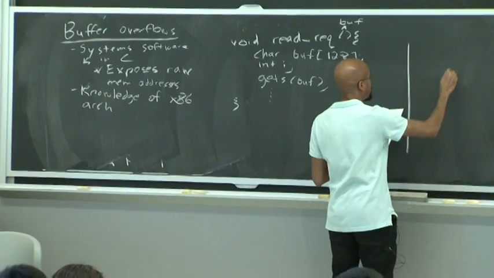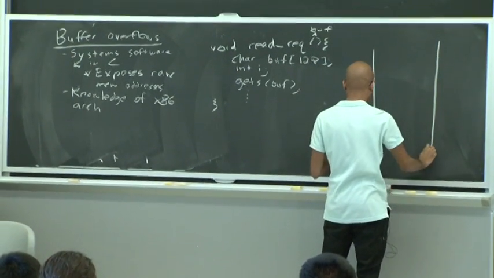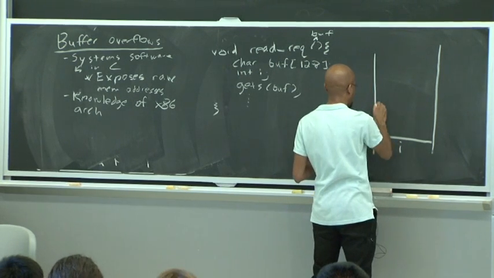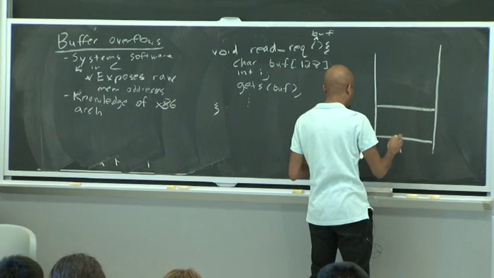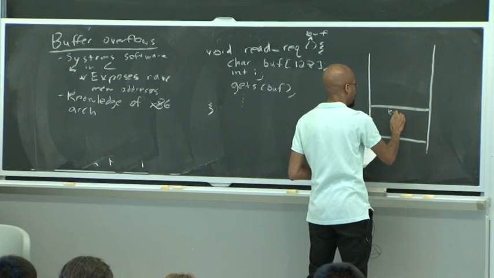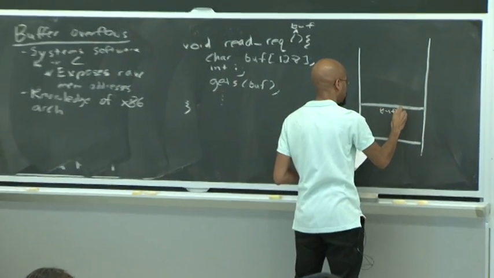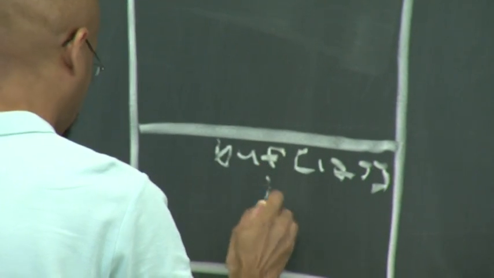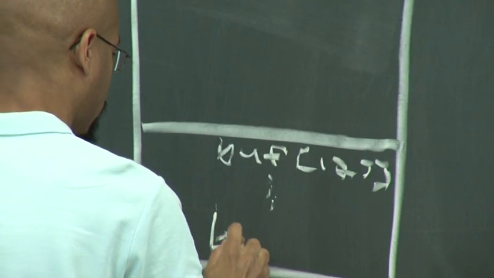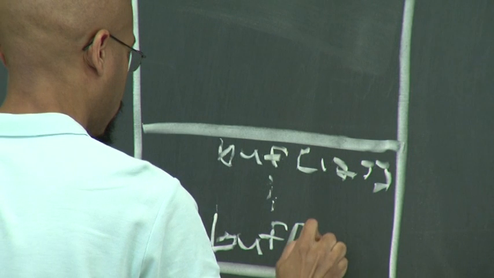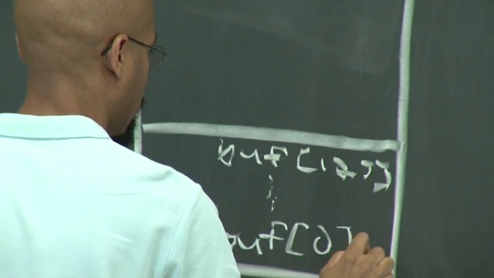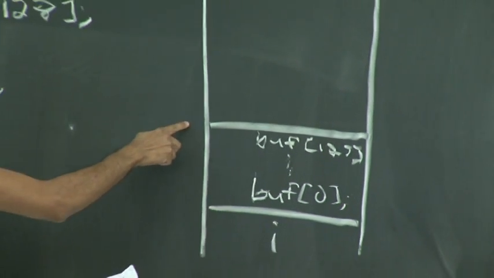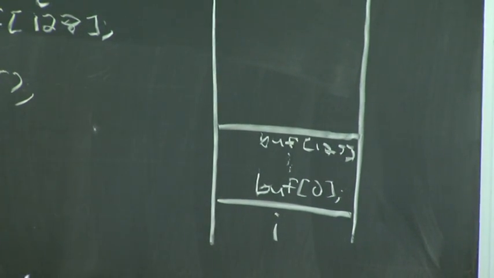let's look at a stack diagram here. Let's say here we've got i. Let's say here we've got buff. So we've got the first address of buffer here. We've got the last one up here. I apologize for my handwriting. I'm used to writing on the marker board.